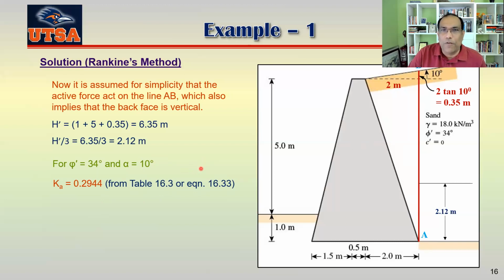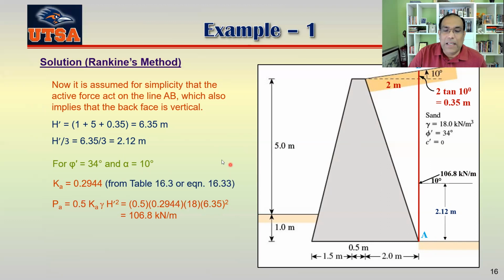Let me finish that one first. So your PA would be 0.5 Ka gamma h squared. So you can see this is 106.8 kilonewton per meter, and that one is working at 10 degrees, meaning parallel to the surface here, okay? And the height from here to here is 1/3 of AB.